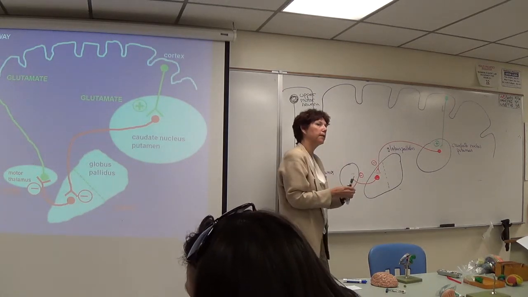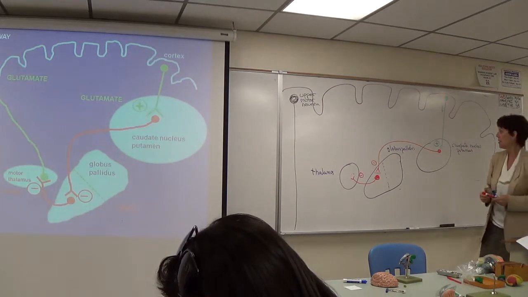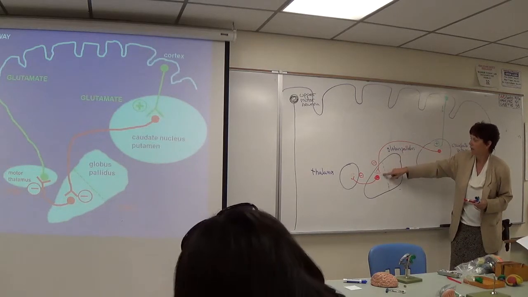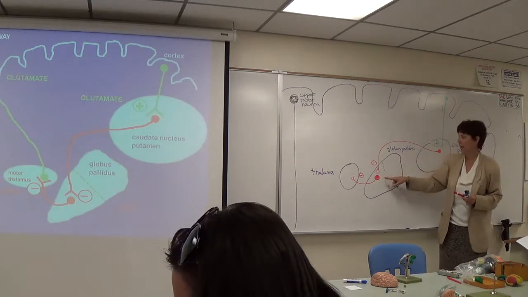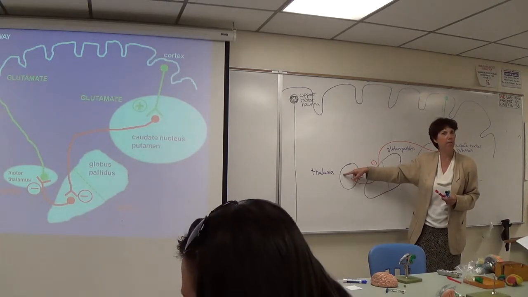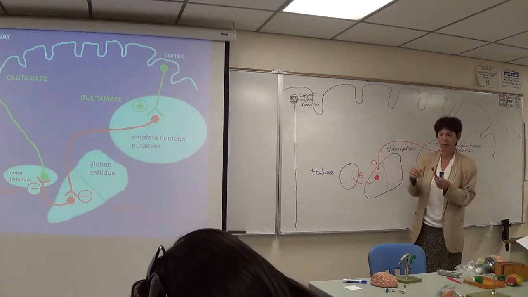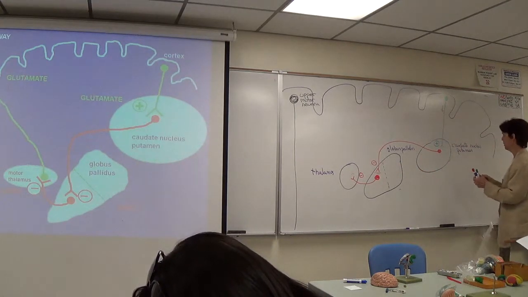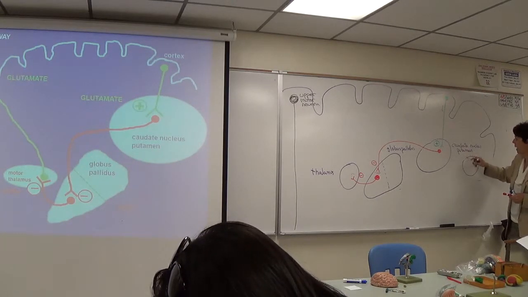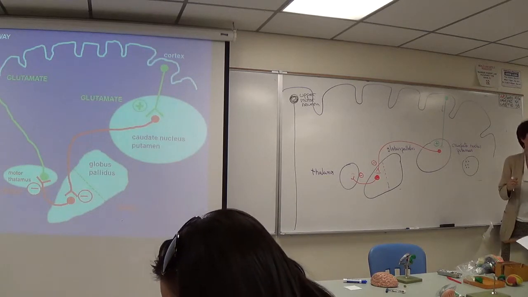So let's stop here before we go on. Two negatives make a positive. So if this neuron makes this neuron not fire, and if this neuron is a negative and it doesn't fire, it's going to make the next neuron more likely to fire, right? So if I have this cell body, and if I add a lot of positive ions to it, it's going to fire.